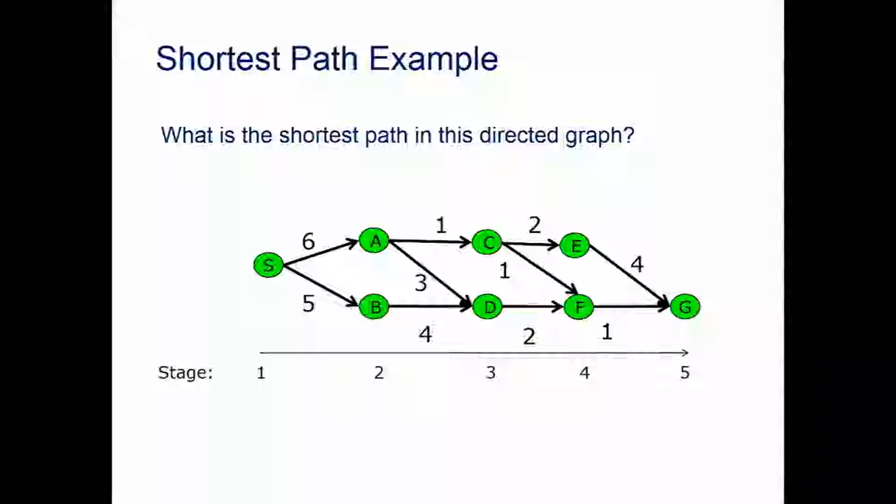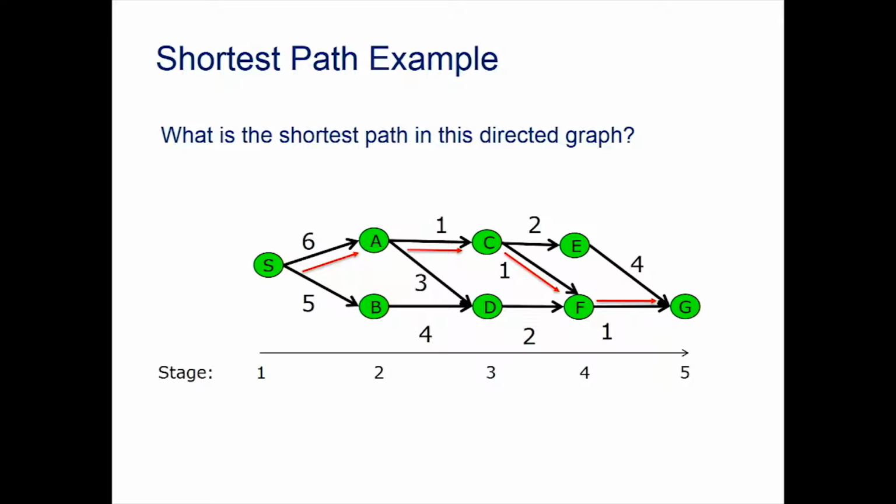So this is a problem I like to show in my first lecture on the course I teach on sequential decision making. The shortest path problem where we're trying to figure out the shortest path from S to G. Obviously, this is very simple. You can enumerate all the possibilities from S, but there's going to be a combinatorially large number of those, right? So working backwards through this problem, figuring out the shortest path from E to G, F to G, that's obviously trivial.